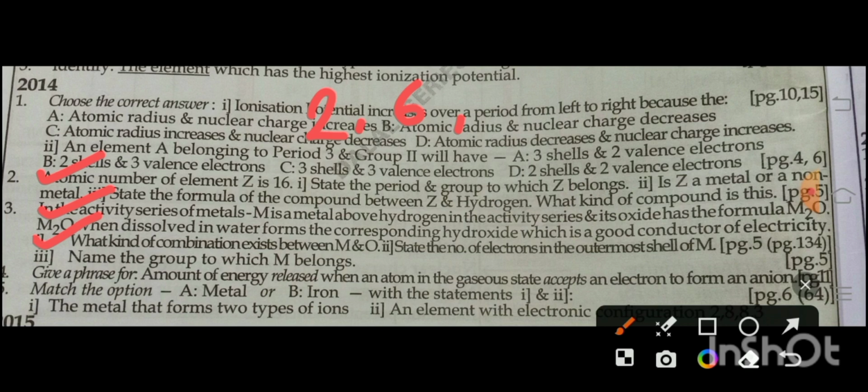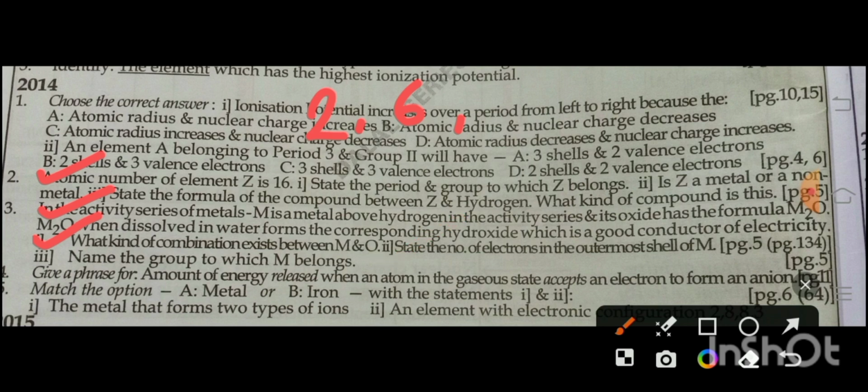The second one: state the number of electrons in the outermost shell of M. Here M has 1 electron in its outermost shell. The third question: name the group to which M belongs. It belongs to group 1, because it has 1 electron in the outermost shell.